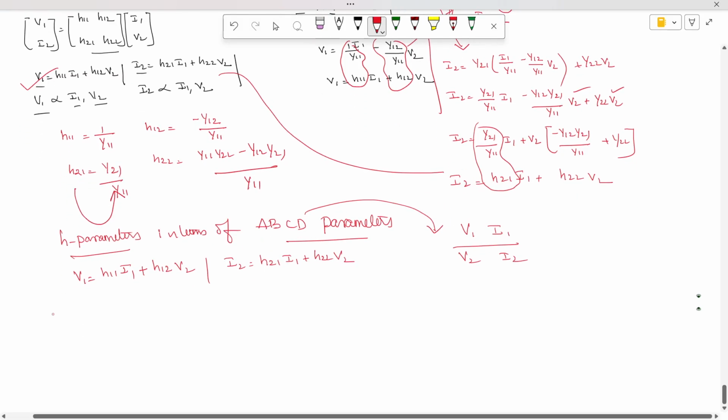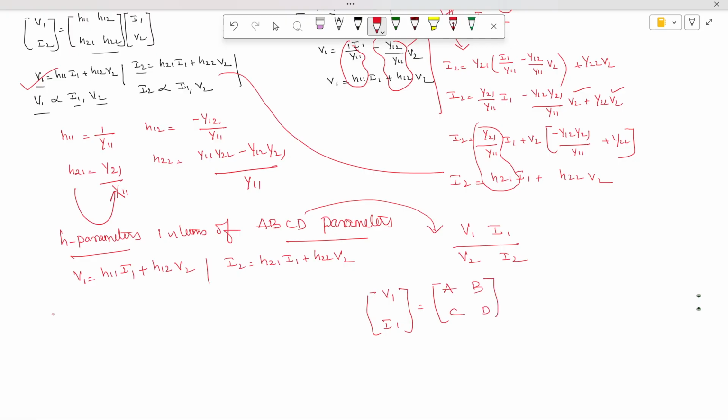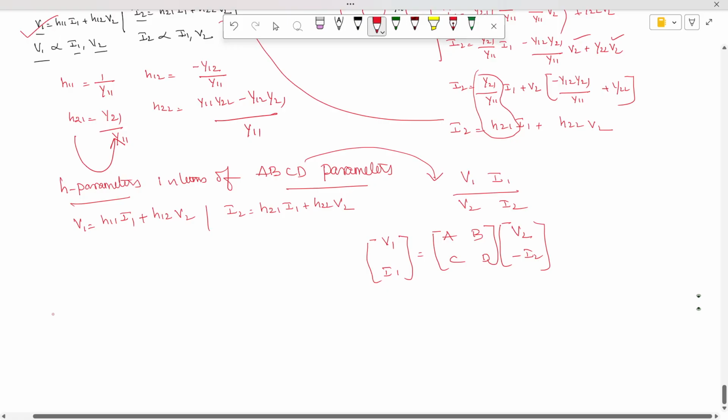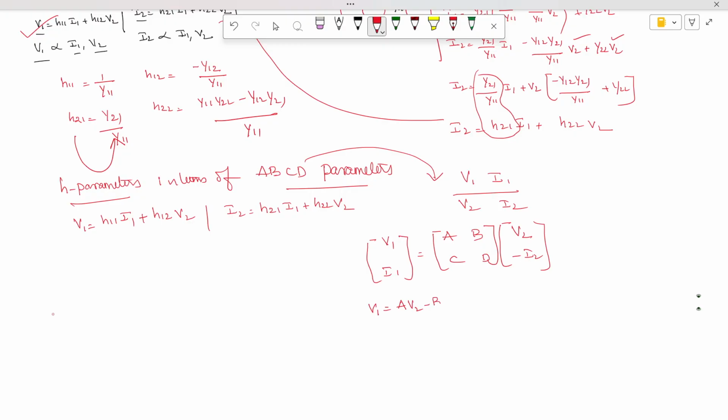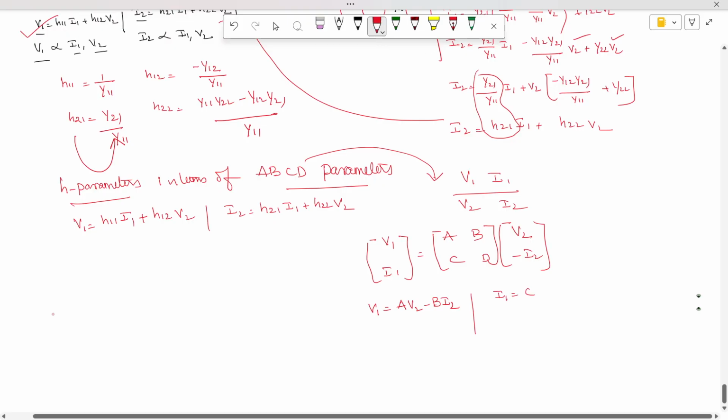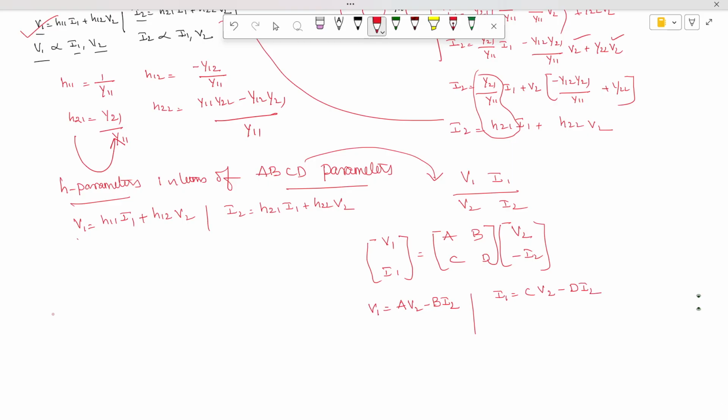So how to write these equations: V1, I1 is equal to A B C D of V2, minus I2. From here I can write V1 is equal to A V2 minus B I2 is one equation, and I1 is equal to C V2 minus D I2.